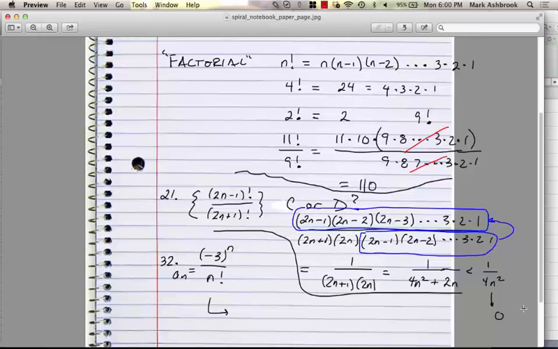The rule is 1 over n to the something. But if you add 2n, you have a bigger denominator, so it's less than 1 over 4n squared, which we know goes to 0. Since it's less than that, it's squeezed between 0 and that, right? Because this is always positive, so this is greater than 0, and it's less than this, which goes to 0, therefore that goes to 0.